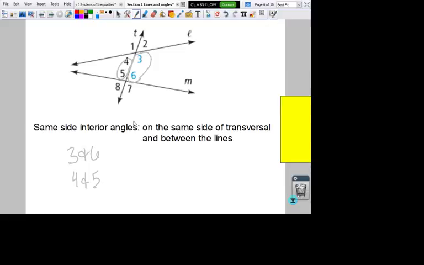Wait a minute. 3, 6, and 4, and 5? What's the fan at the bottom of the thing mean? That's my screen recording software.